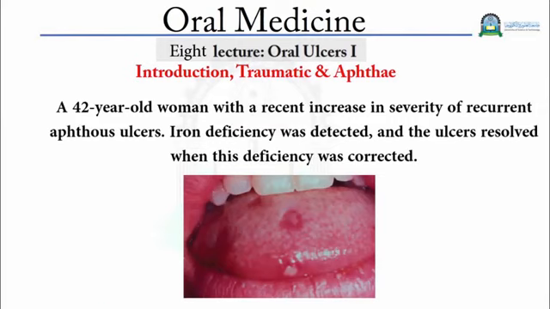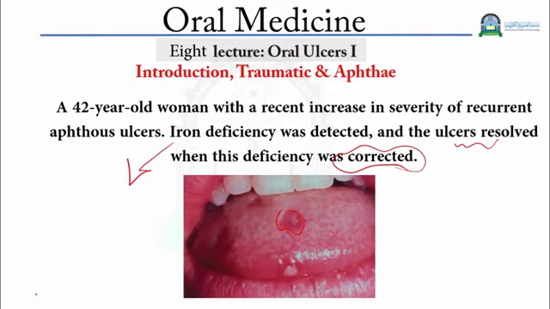This case is for a 42 year old woman with a recurrent increase in severity of aphthous stomatitis or ulcerations. In investigations, iron deficiency was found. After this condition was corrected, the ulcers resolved.